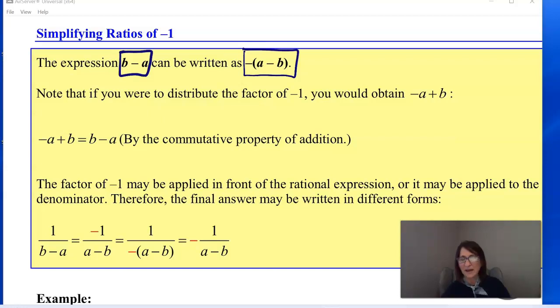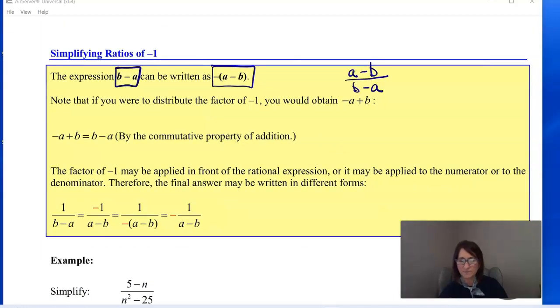If you have A minus B over B minus A, let's take the numerator and leave it alone, A minus B. Let's take the denominator, and if we want to change the positions of that A and B in the denominator, we can do that by taking out a negative 1, and then we've got A minus B. Why would we want to do that?